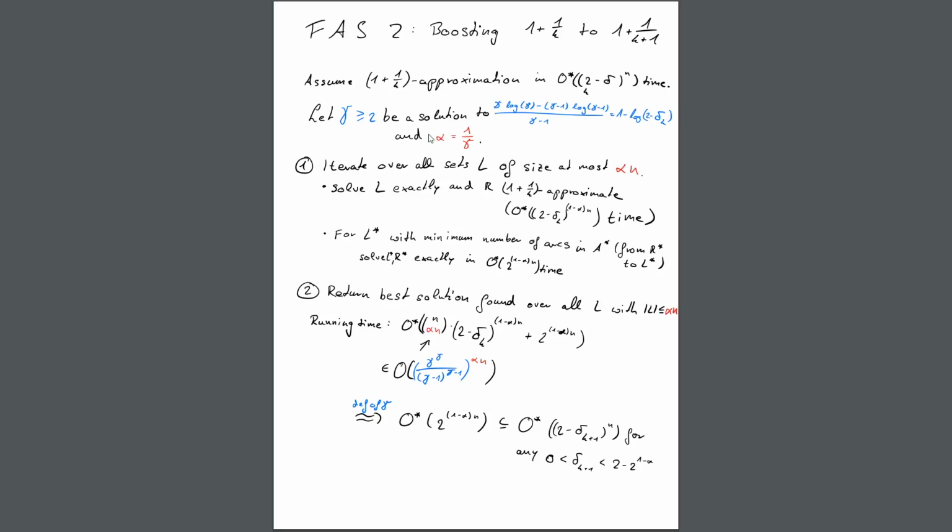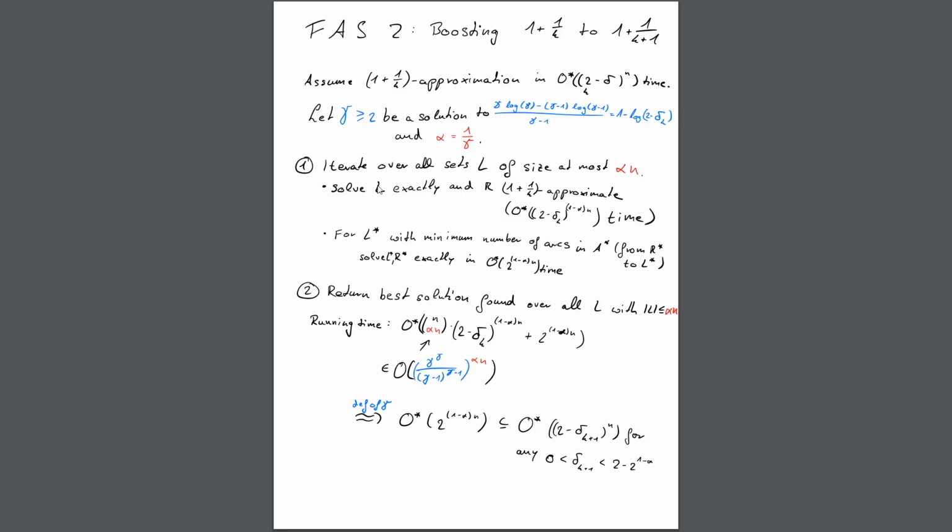And now we're going to iterate over all sets L of size at most alpha n. And for each such L, we also know the rest of the graph R. And for this rest of the graph, we're going to run our fast but bad 1 plus 1 over k approximation algorithm. And this takes some running time.